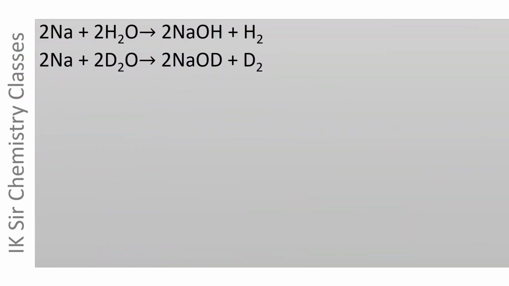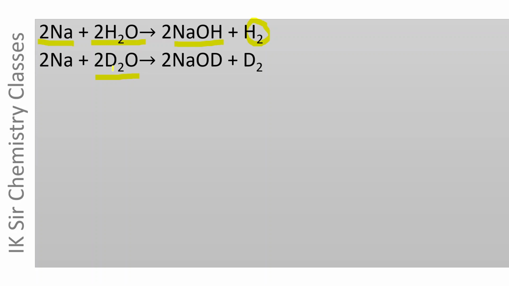Let us illustrate these characteristic features of isotopes taking some examples. Sodium reacts with ordinary water, liberating hydrogen gas with the formation of NaOH. Sodium reacts with heavy water also.